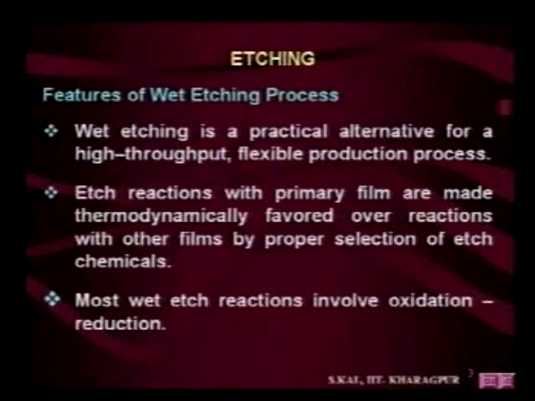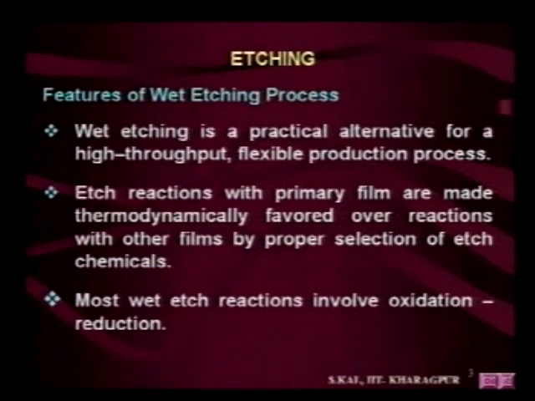What is that buffering action? It will etch silicon dioxide, but it will not etch silicon. So that is the selectivity. This is a very important point. So you have to select the etch chemicals properly so that this property is maintained.